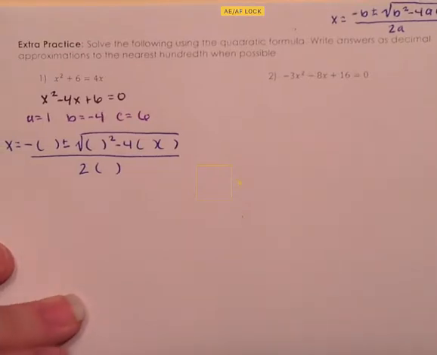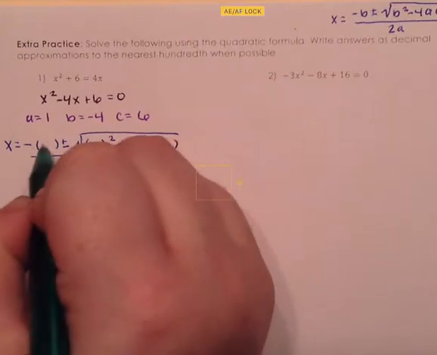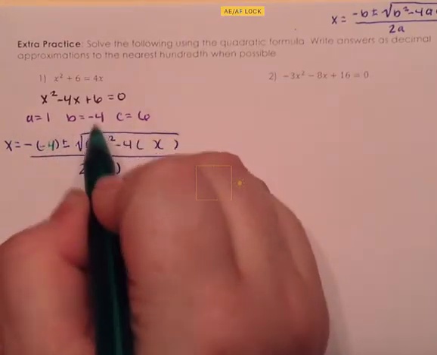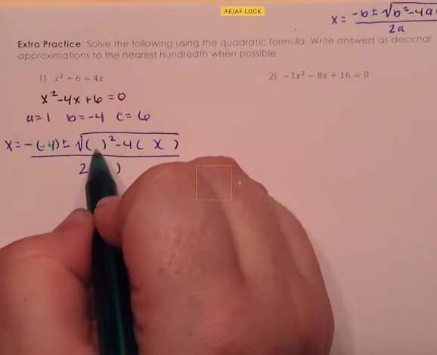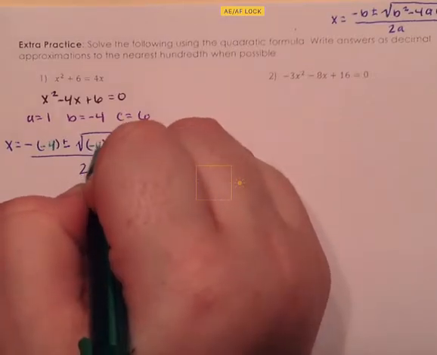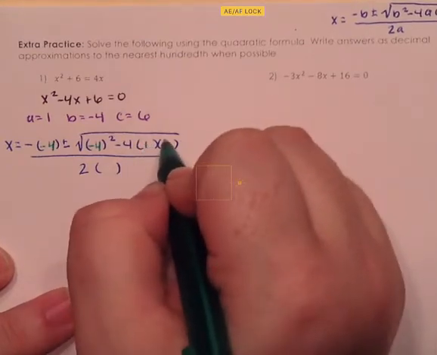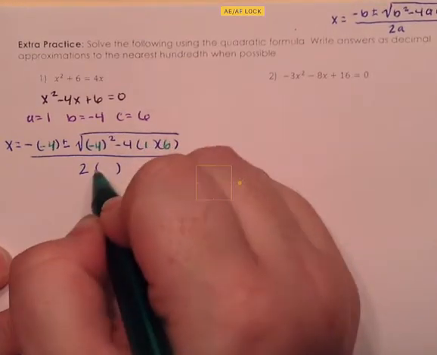Now I'm going to plug in my letters for that. For the b, negative b, I put the negative 4 because that is my b value. Then I have b squared, so I have that negative 4, minus 4a, so I put in the 1. C, I put in the 6. All over 2a, I put in the 1.